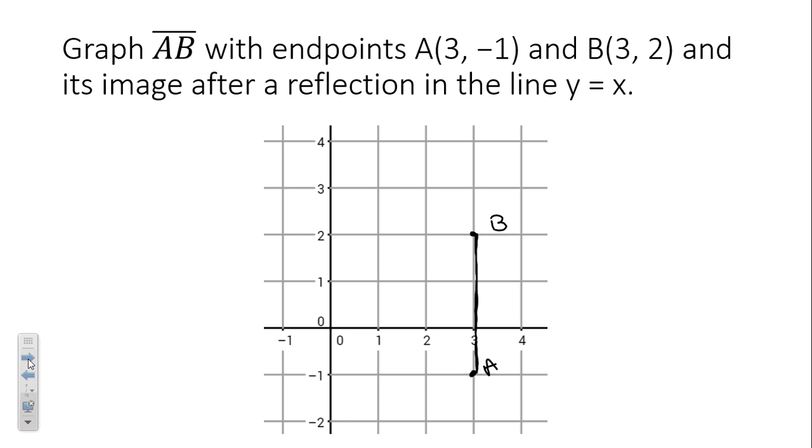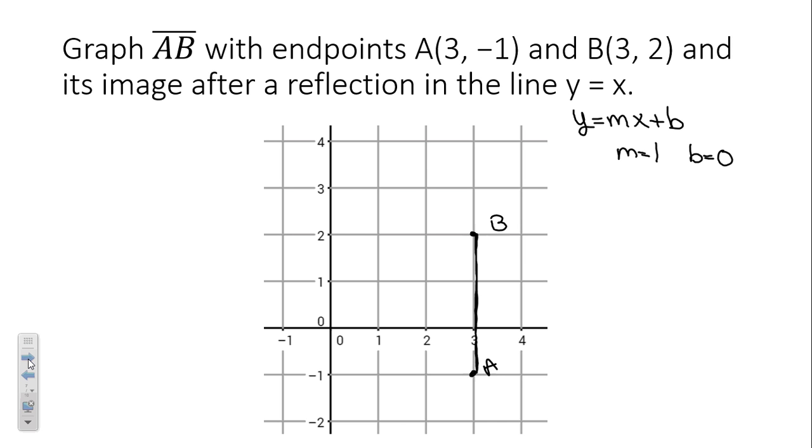So y equals x looks a lot like y equals mx plus b that we learned last chapter. What's our slope? What's the understood number in front of the x? 1. Our slope is 1, but we have no b, right? Our b is 0. That means it's going through the origin.